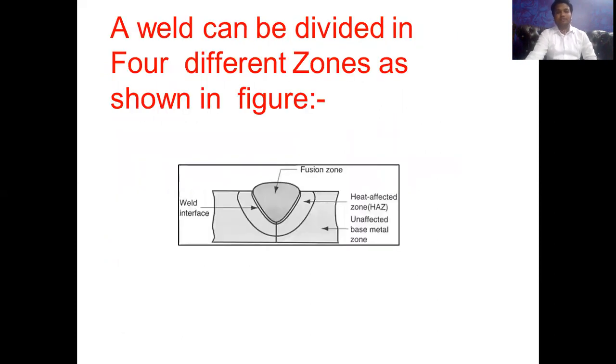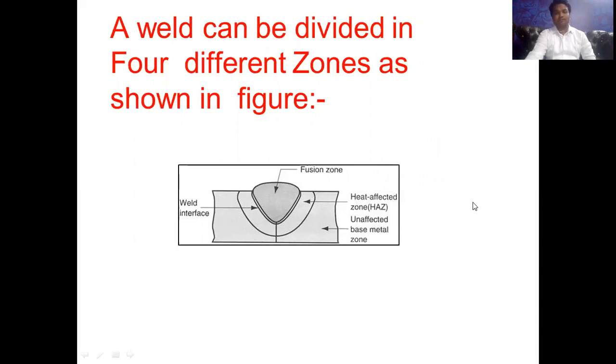First, we would like to see how the different zones in a weldment can be seen. In this figure, we have a weld, and it has 4 different zones as indicated in the previous slide.